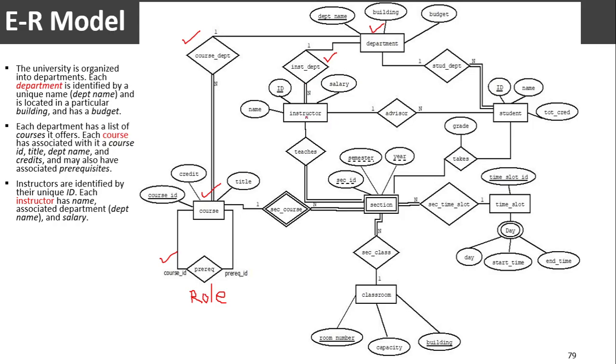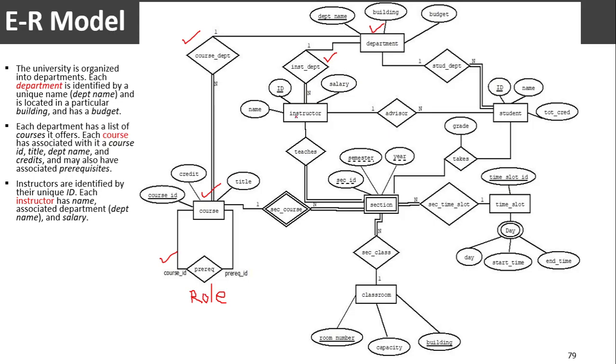So one instructor belongs to at most one department. It is not possible that one instructor is working in two departments simultaneously. Okay, so from instructor to department it is many to one. One instructor, one department. But one department can have many number of instructors, right?